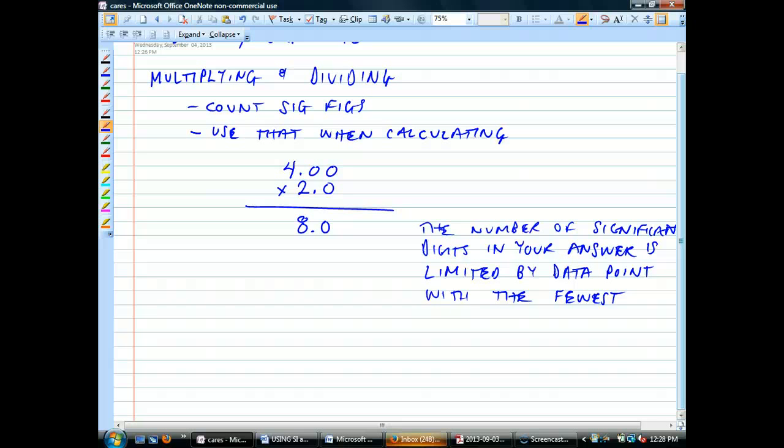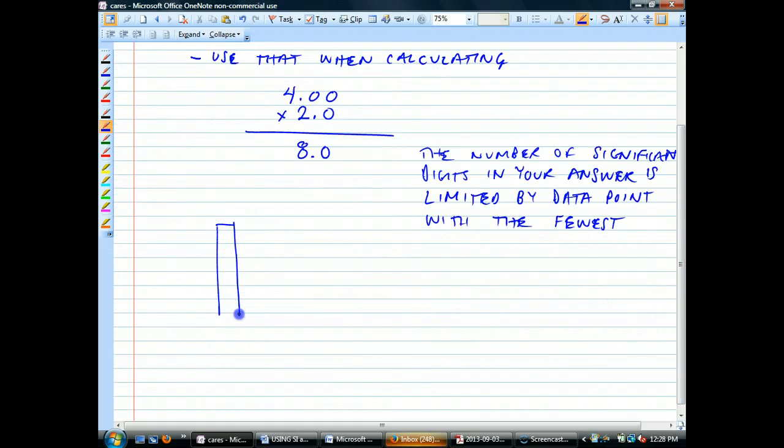And the reason is, when you're multiplying or dividing, the result is dominated by the percent error. So let me give you an example. Let's say we are measuring something, and we're going to measure the area of this thing. And let's say that I say that it is roughly 1 meter long, and I'm only using one significant digit.